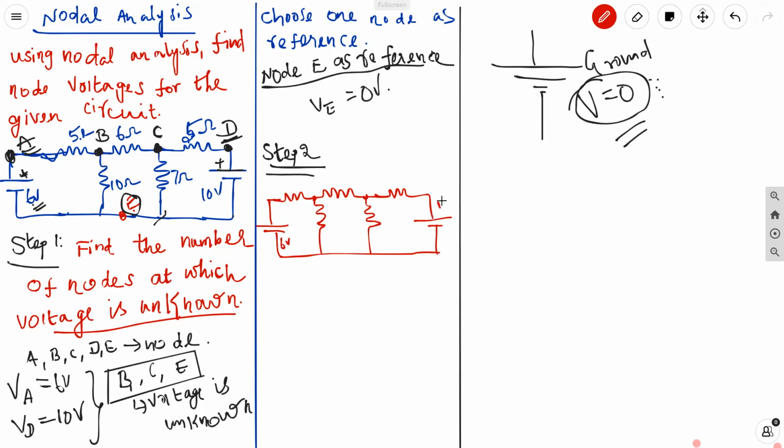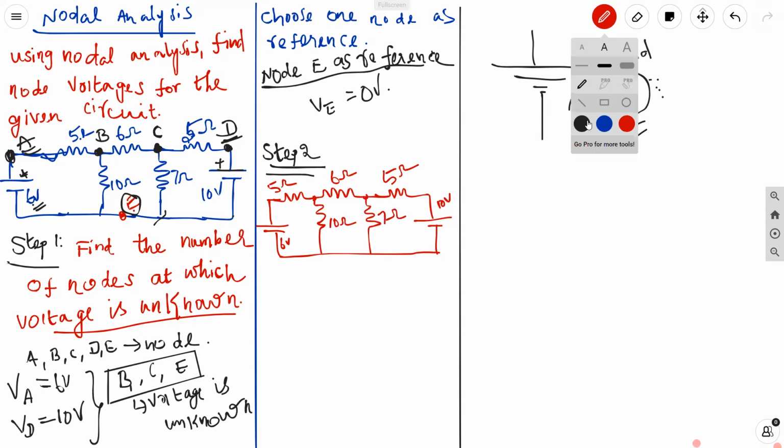This is 10 volt. This is 5 ohm, 6 ohm, again 5 ohm, 10 ohm, 7 ohm. Okay, and this is the node at which we are going to find the voltage now. So I'll choose this node as node number 1 and this node as node number 2. Okay, node 1, node 2.